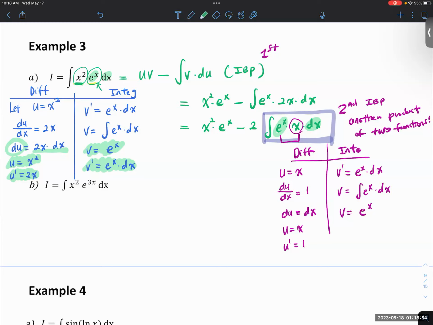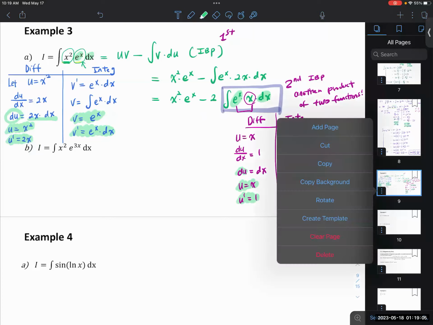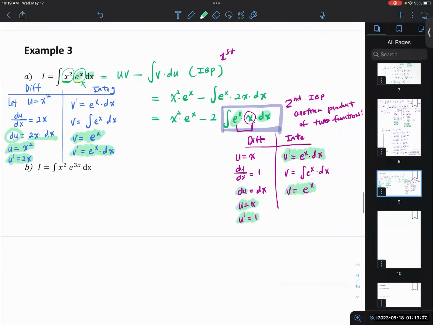So we have v here, and we have a v prime here. U and u prime and du. So according to the second IBP, we're gonna continue. I'm gonna just make a little bit of space.